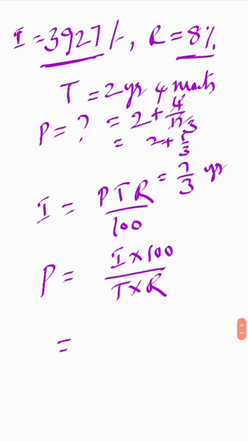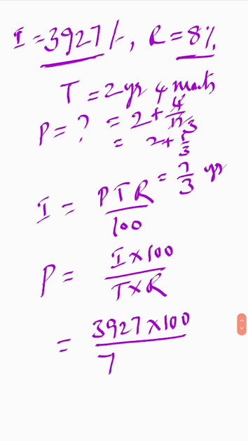So now substitute the values. I value is 3927 into 100 divided by what is time? 7 by 3 is given. 7 by 3 means 7 we can write here, and 3 we can write here. And what is rate of interest? 8.